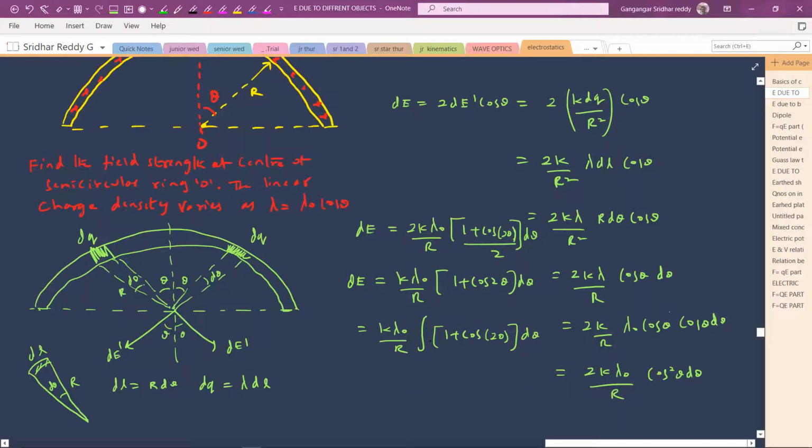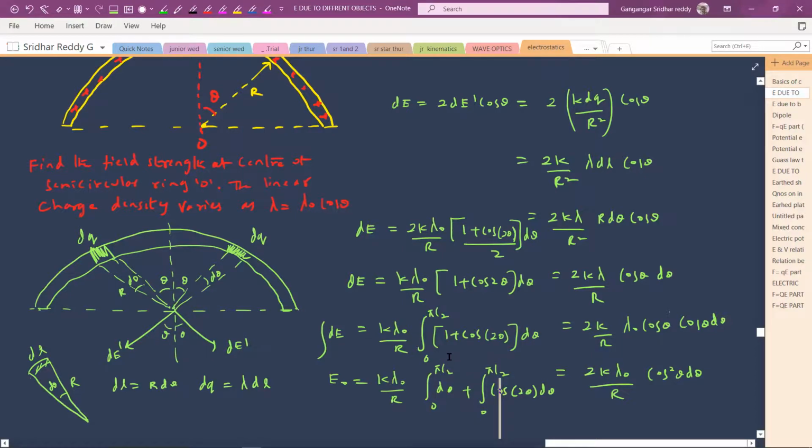So 1 plus cos 2 theta d theta we have. Integrating this from 0 to pi by 2, the integral will be the integral of d theta from 0 to pi by 2 plus the integral of cos 2 theta d theta from 0 to pi by 2.